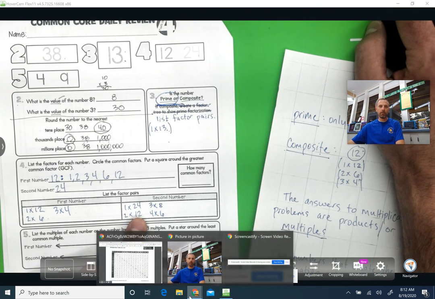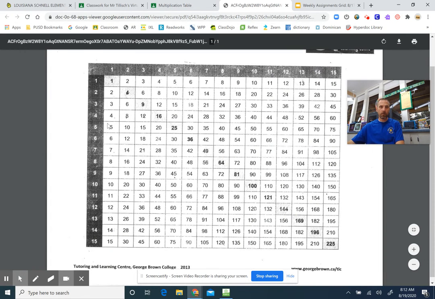I'm going to keep on scanning here, and I know I'm going to start hitting repeats because here at 6, again, there's 24, but it's 6 times 4, and I already have 4 and 6 listed. 7, no, 24 is not a multiple of 7. 8, 24 is a multiple of 8. We already figured that out. It's 3 times 8. Here, 8 times 3, we do not need to list those again.